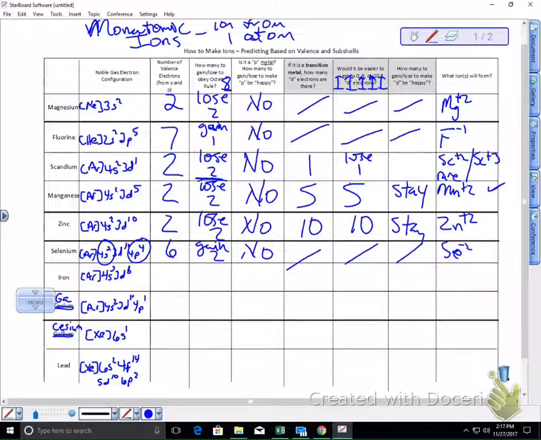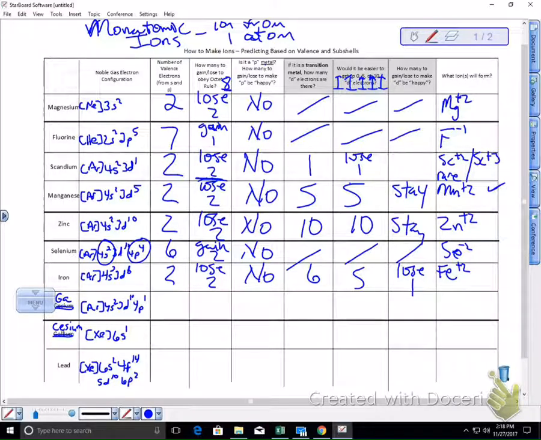All right, iron. We count them up. Iron has 2 valence by the strictest definition, so we'll lose 2. And iron could be +2. It is not P. It has 6 d electrons, so it would want to get to 5, which means it would have to lose 1.